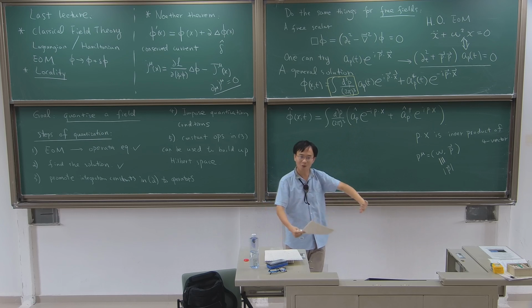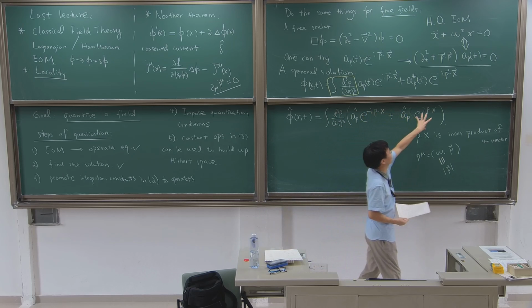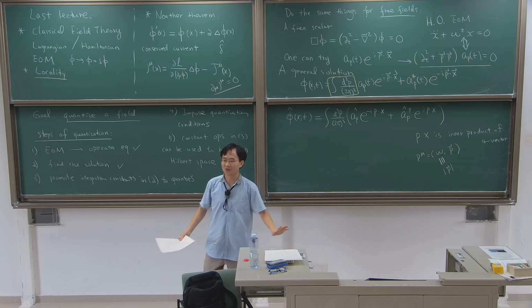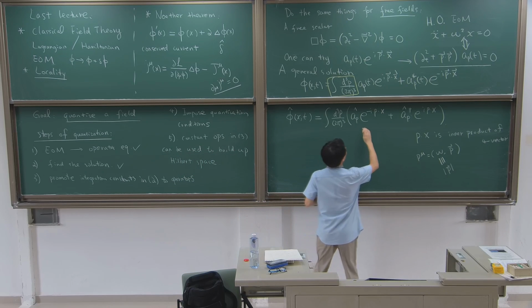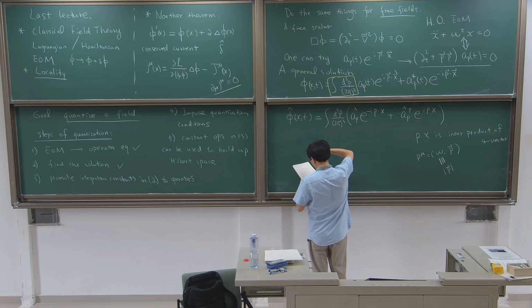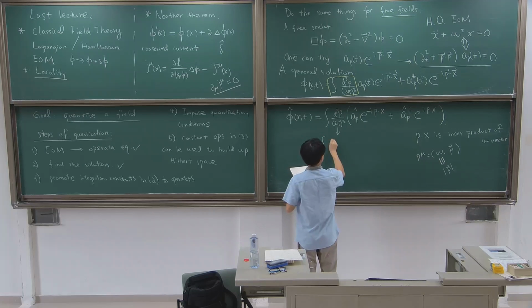We will postpone it a little later, but just look at this part, because these are the easy structures. This one, including this one, are the easy structures because they are not operators. They're just functions or numbers, or parameters if you want. Now, I want to make all other structures maintain Lorentz invariance. So I will promote this integral measure into a new form.